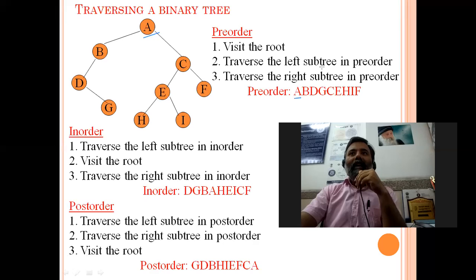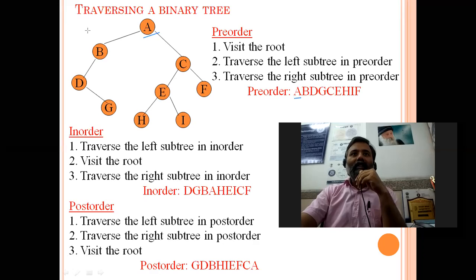Then the left subtree in pre-order. Now again we will traverse this left subtree in pre-order. So just concentrate on this left subtree. This is the root node, so again we will traverse the root first, then B. Then its left subtree, again in pre-order, so D will come first.